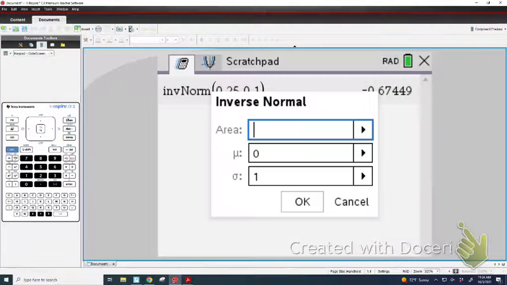Now, if you kind of want to cheat and see what your answer should be, you can get an answer kind of close. So change that to 170 and this to 30. Now be careful, your answer is going to be a tiny bit different than what this is about to tell us, because they're using the super precise z-score when you hit OK. We're about to round it to negative 0.67.